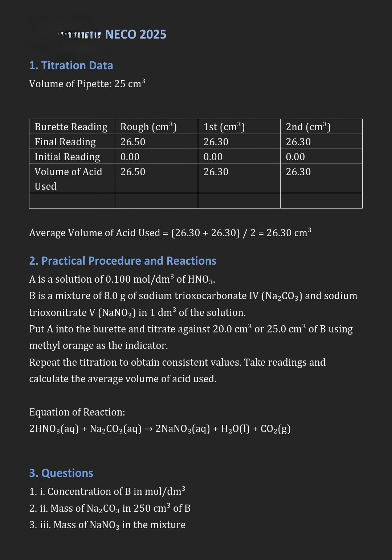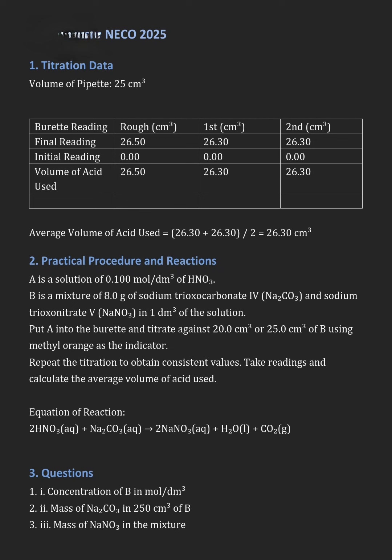Please take note that the sodium trioxonitrate(V), that is the NaNO3, is just acting as an impurity. It will not react with the acid. The only substance that will react with the acid is the sodium trioxocarbonate(IV). The sodium trioxonitrate(V) will not react with the acid.